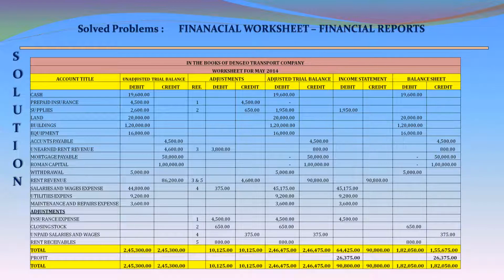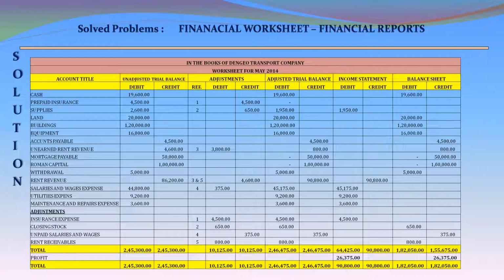Balance sheet. Cash debit 19,600. Land debit 20,000. Buildings debit 120,000. Equipment debit 16,000. Accounts payable credit 4,500. Unearned revenue credit 800. Mortgage payable credit 50,000. Roman capital credit 100,000.